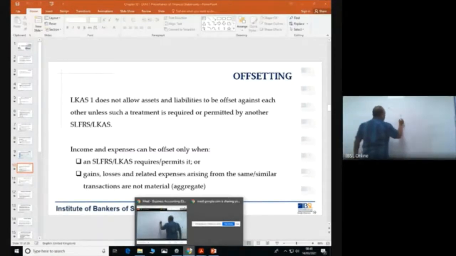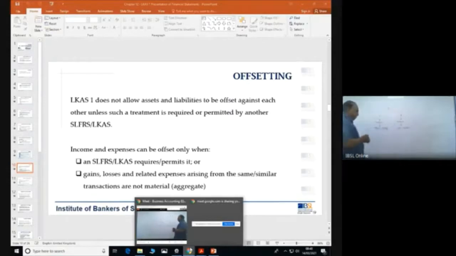You dispose this asset also, you have a loss of 20,000. Now in the financial statement, you will go and show profit on disposal, 50,000.